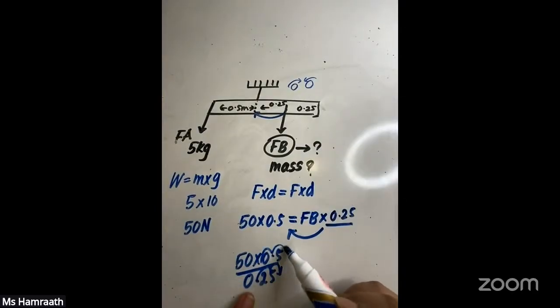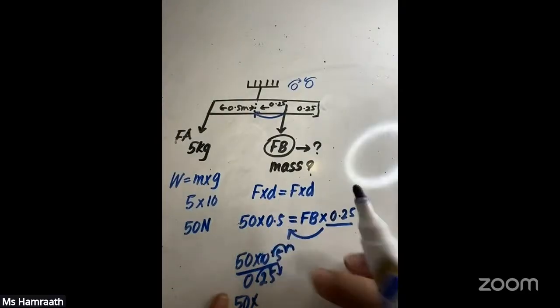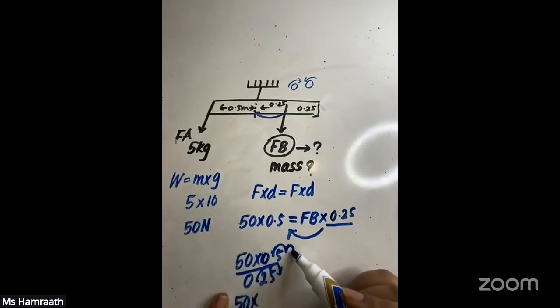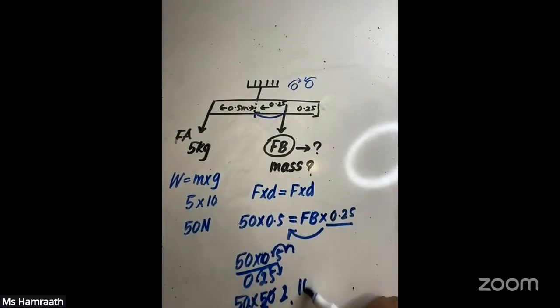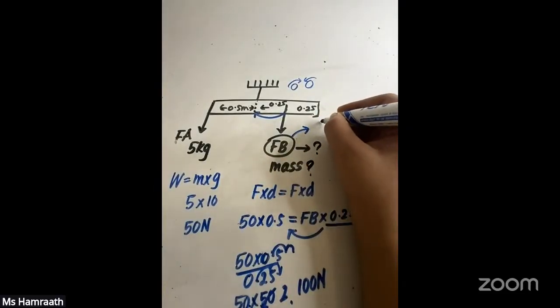So 50 becomes 5, and another jump adds a 0, so it is 50 into 50 divided by 25. 25 divided by 50 is 2 times. 50 into 2 is 100 Newton. So we found the force at B is 100 Newton, right?